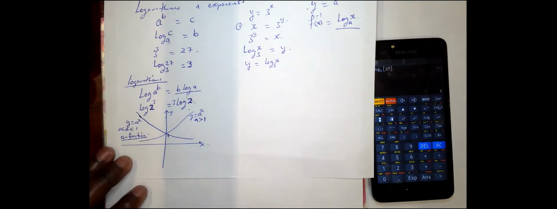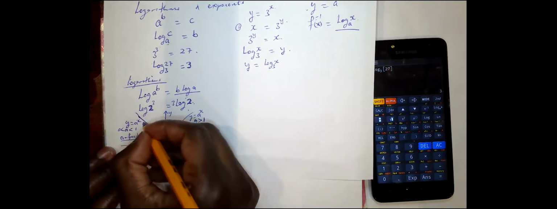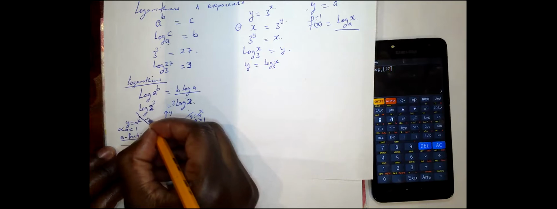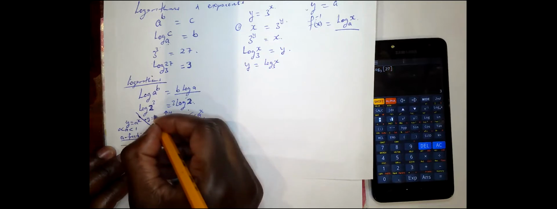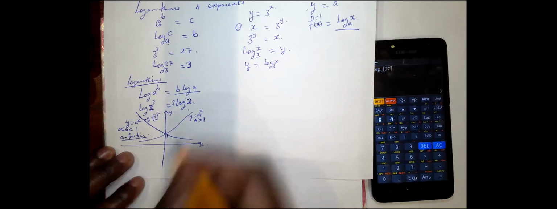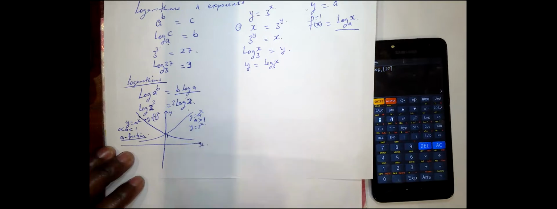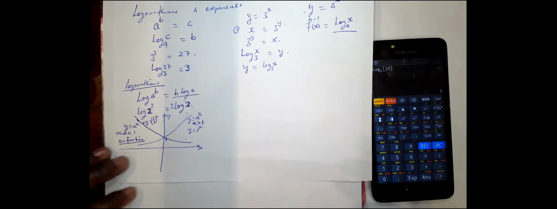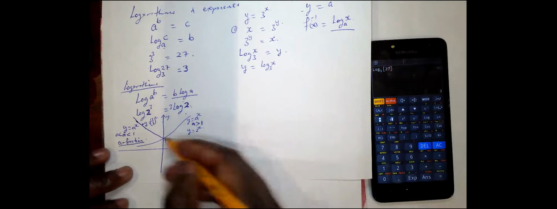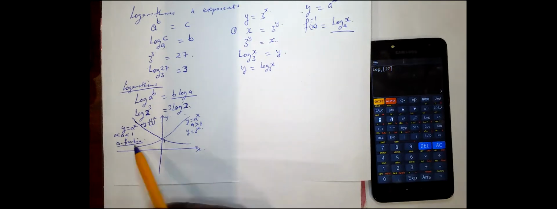A is a fraction. What do we mean by that? This one can be y equal to half to the power of x, and the other one is y equal to 2 to the power of x. That's what it's simply saying here. So that's what you must remember when you're dealing with exponents. Now, why am I bringing this?